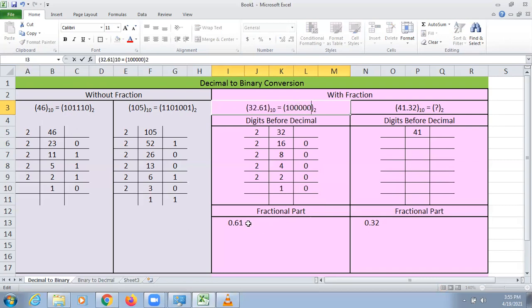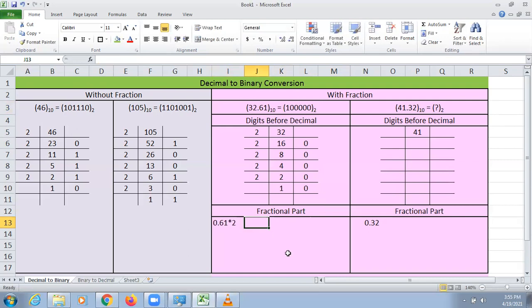Now we have to convert 0.61. This time for the fractional part you don't divide by 2; for the fractional part we always multiply by 2. So 0.61 multiplied by 2 is 1.22.